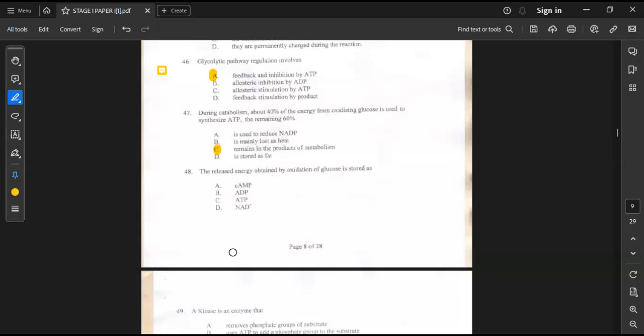Me, I would go with B, because during catabolism there is a lot of heat produced. So a small percentage is used to produce ATP, which is in the form of energy, and a greater percentage is lost as heat.